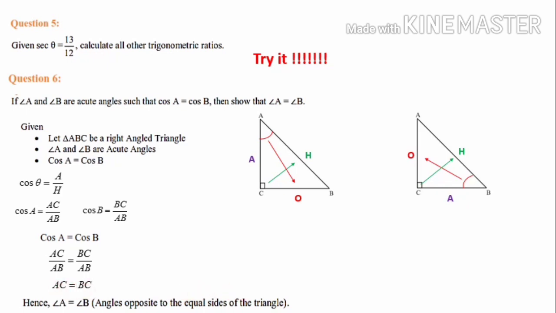AC and BC are equal, which means the angles opposite to the equal sides are equal. BC's opposite angle is angle A and AC's opposite angle is angle B. So angle A and B are equal. The reason is angles opposite to the equal sides of the triangle.